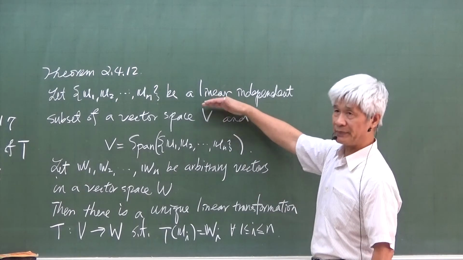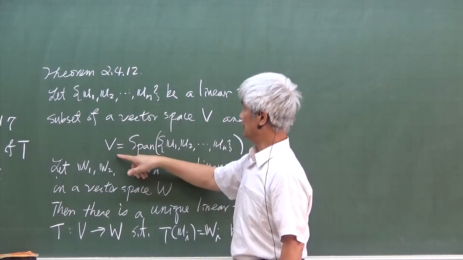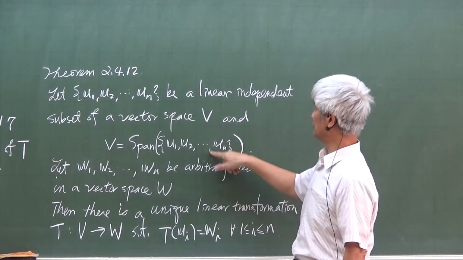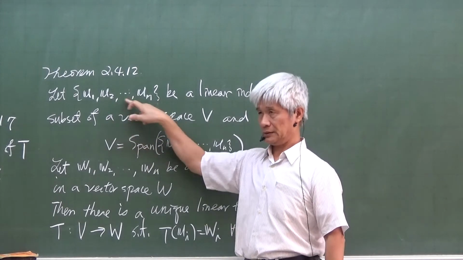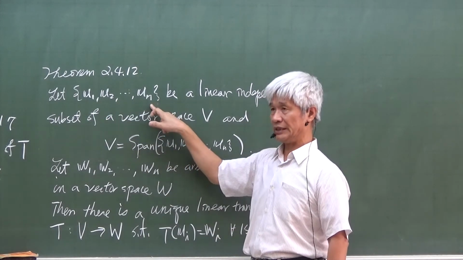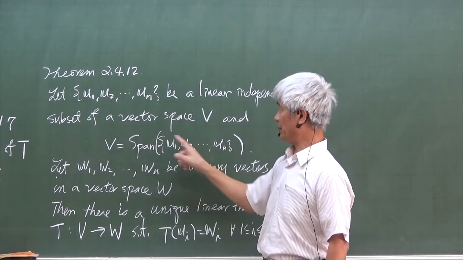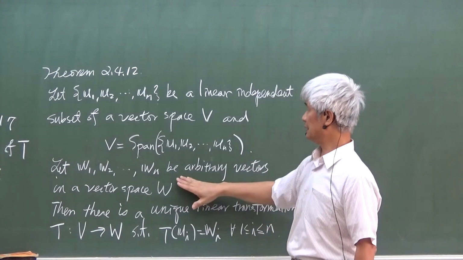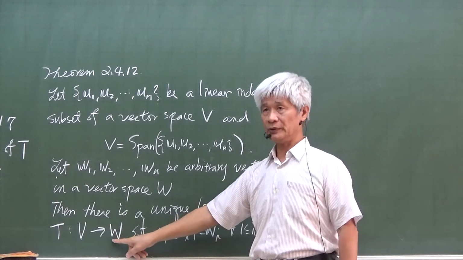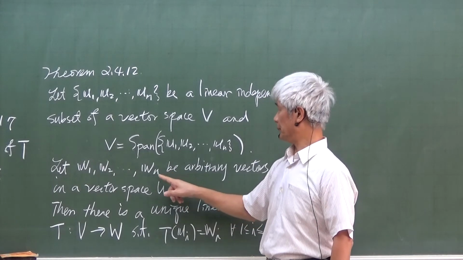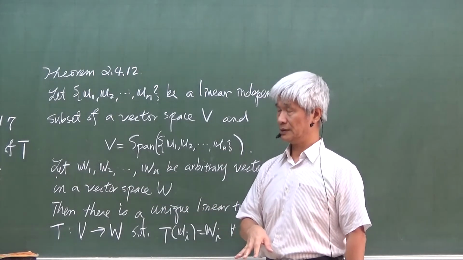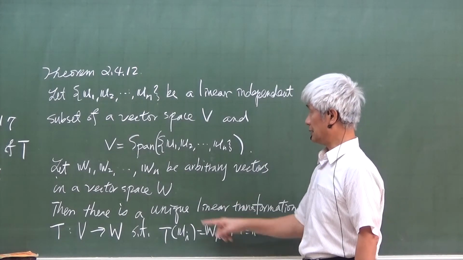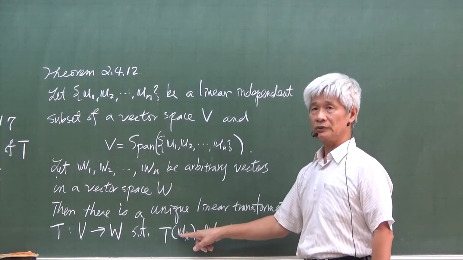So we have to know the premises. The first one is that in the domain V, we are able to find a linearly independent subset U1 up to Un such that this subset spans the whole vector space. This is one premise. The second is that in the codomain W here, we can pick up n vectors arbitrarily, so that we can let Wi be the image of Ui.